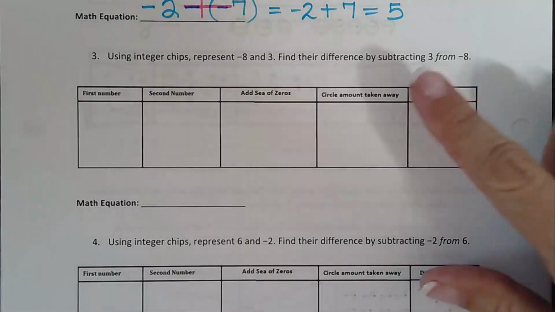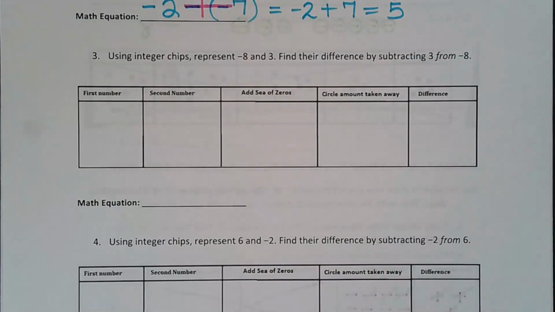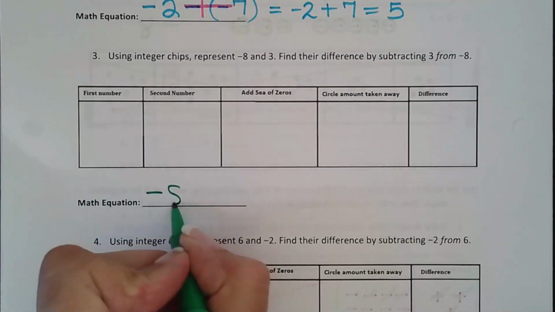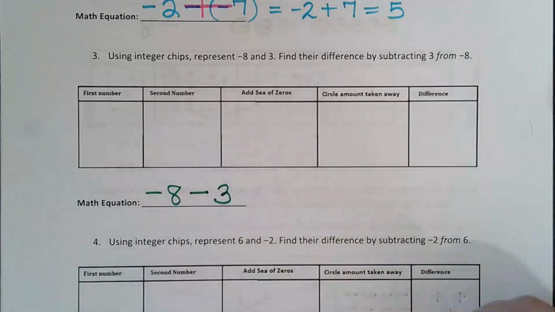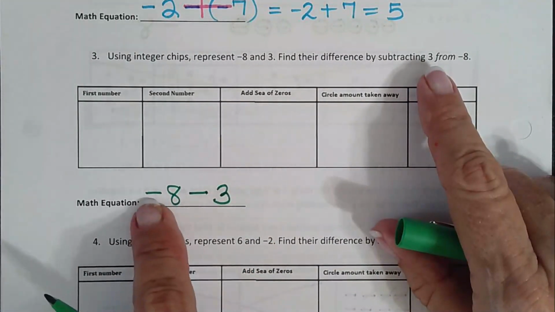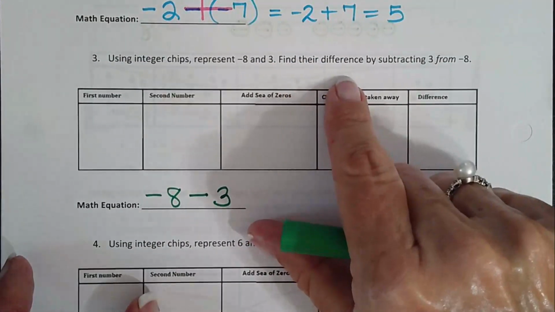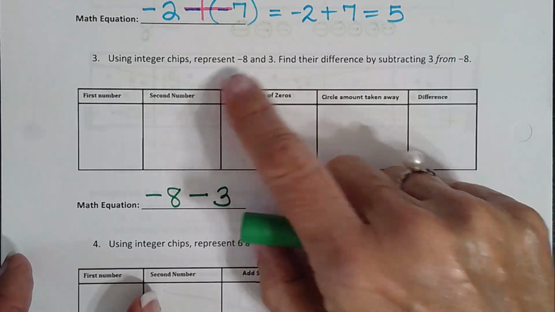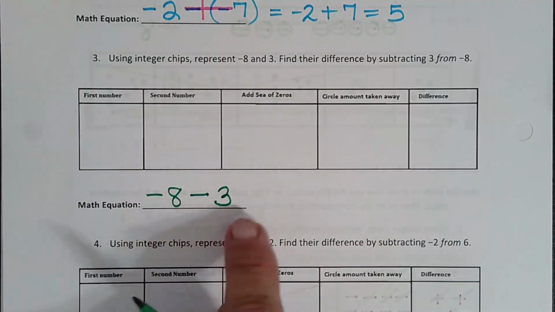Okay, we're subtracting 3 from -8, so -8, and we're subtracting 3 from it. This says finding the difference of -8 and 3. Difference means subtract. -8 goes first, 3 goes second.